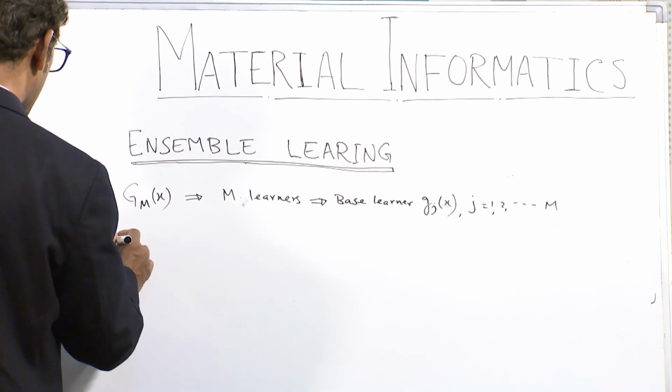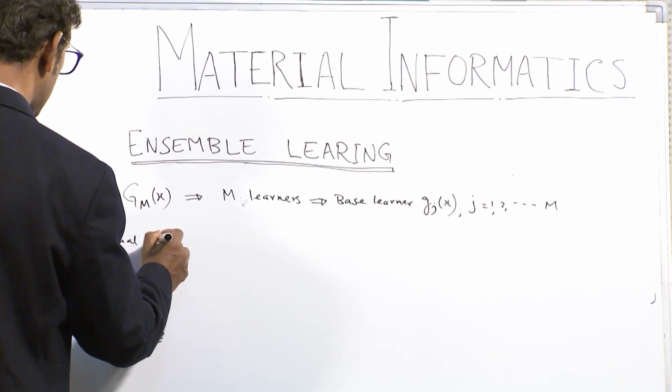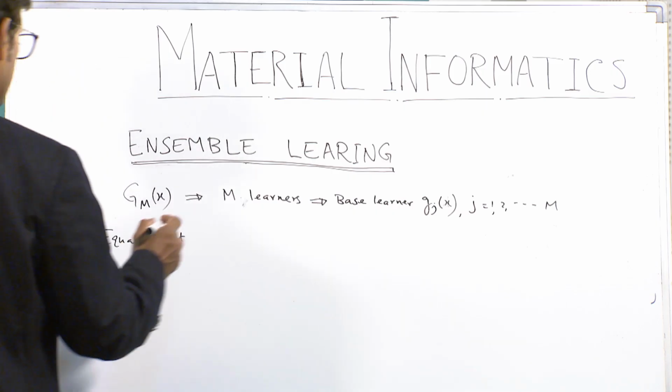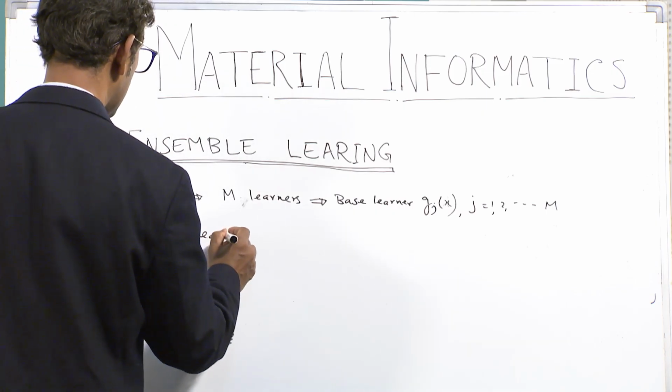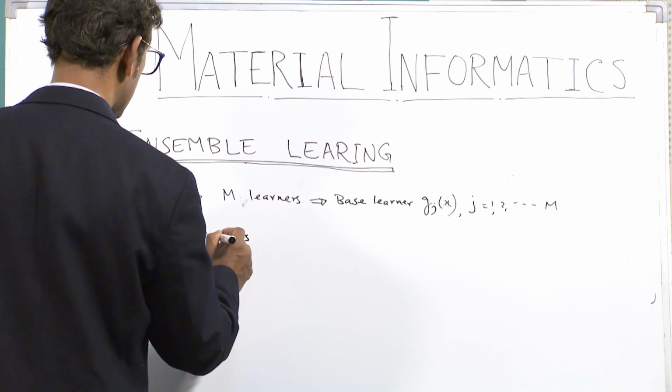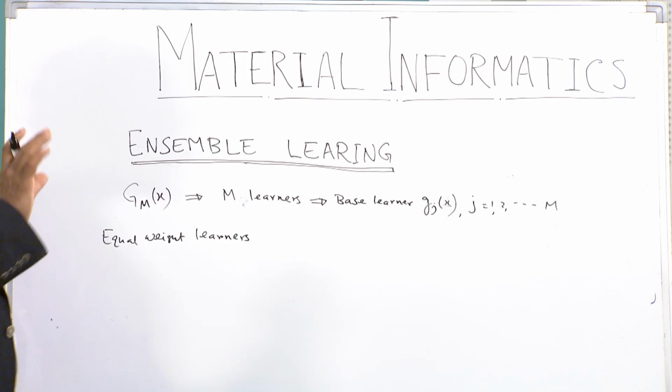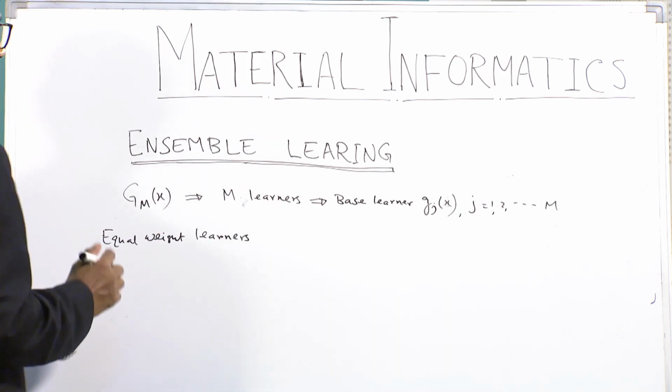Okay. So, you can always use equal weight. If you have equal weight learners, what does that mean? Homogeneous learners. All of them are learning for the same kind of models. That is why I call them equitable learners.